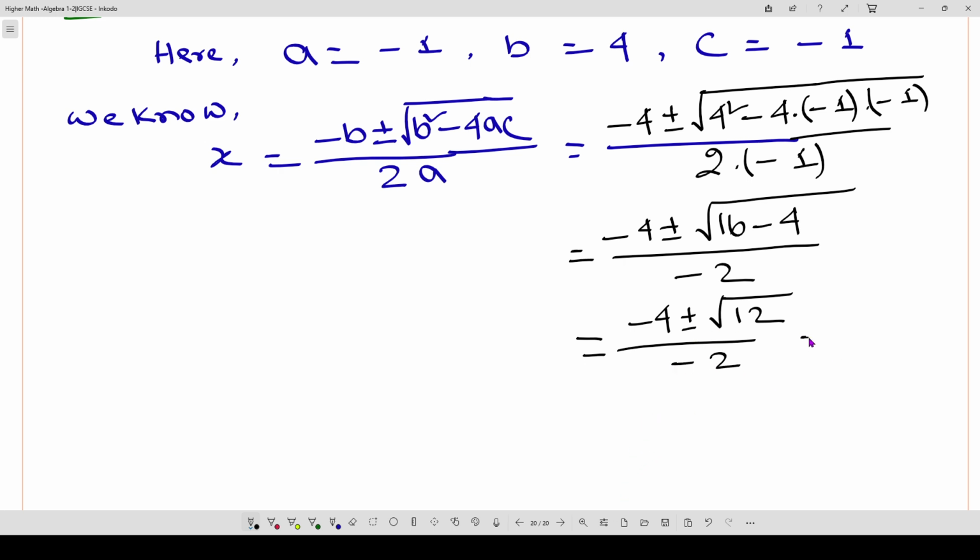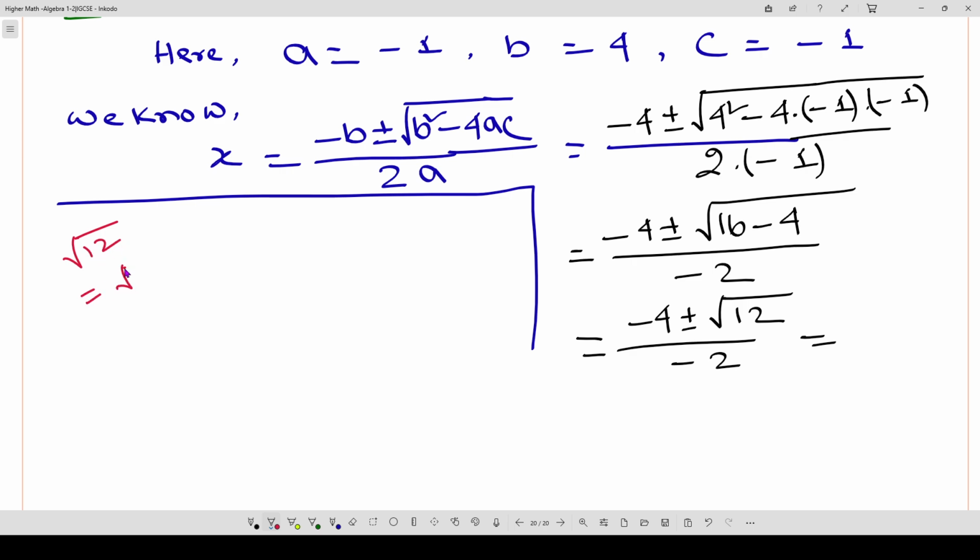So we can simplify more, like this root 12. We can write root over 4 times 3, root 4 means 2, and here is root 3. So root 12 we can write as 2 root 3, so it will be minus 4 plus minus 2 root 3 divided by minus 2.